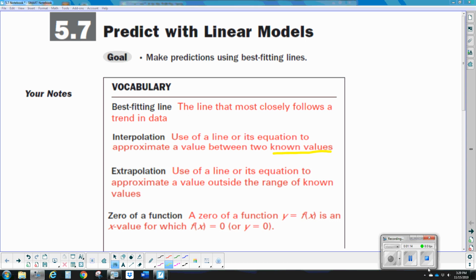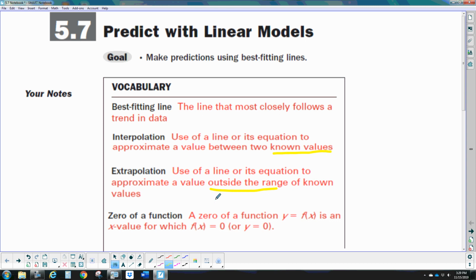How that differs from extrapolation is that we're using a line or its equation to approximate a value, but this value is outside of the known range. So interpolation is in between 2 points that we know, and extrapolation is outside of 2 points, or outside of the range and domain of the data.